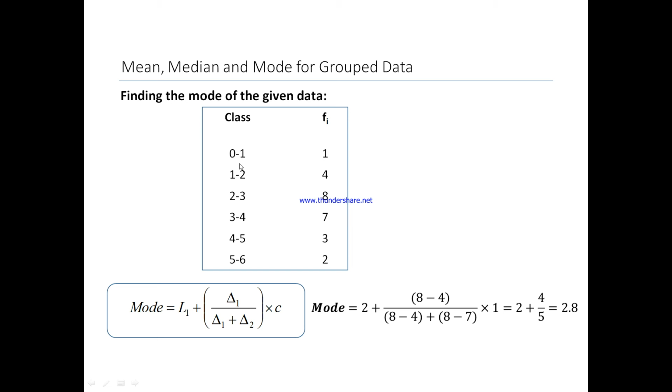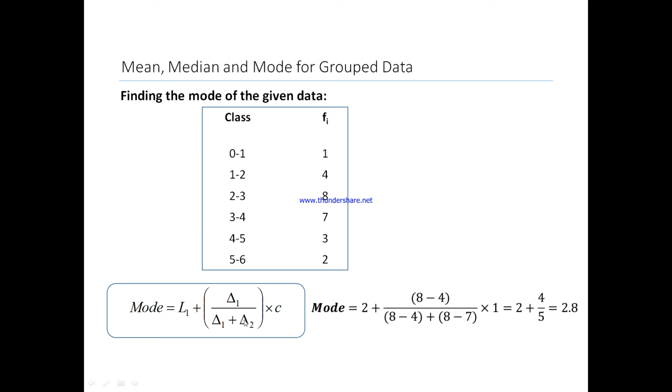The class before the modal class is 1 to 2. Its frequency is 4, and the modal class frequency is 8. So the difference between these frequencies is 8 minus 4, that is 4. So for delta 1 you can substitute 4.